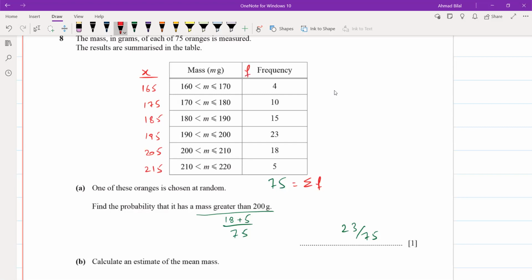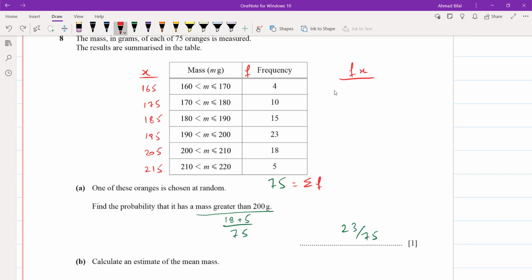अब हम क्या करेंगे? This is the frequency. We add another table here, जिसको हम कहते हैं f into x. ठीक है? इस table को fill कर लेते हैं. क्या करना है? Frequency और x को multiply कर देना. So 4 into 165.